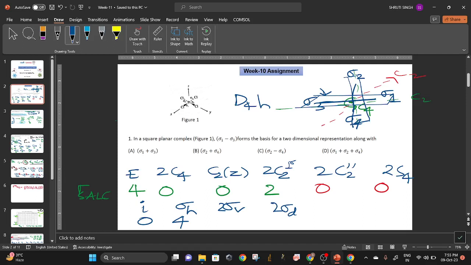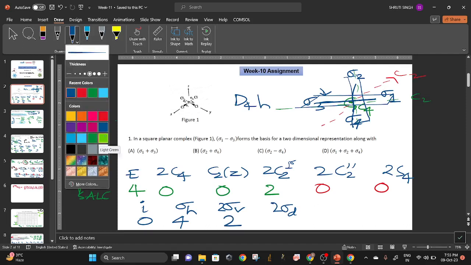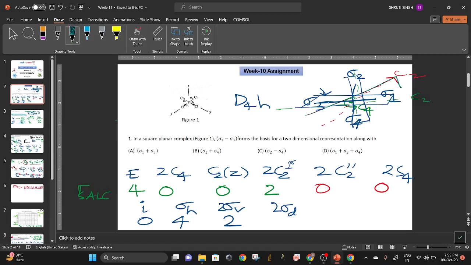So here it is 2. Now sigma d is a plane like this. So these two will change, these two will change, so here it will be 0. So this is a reducible representation.